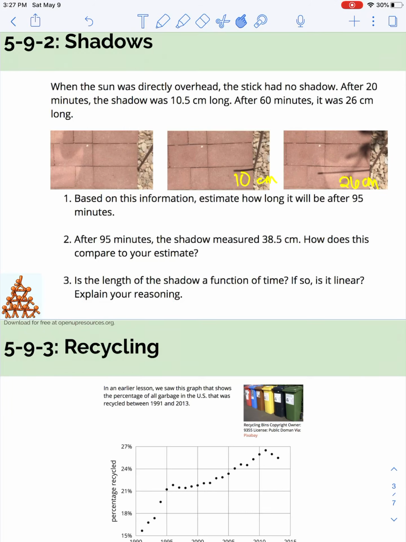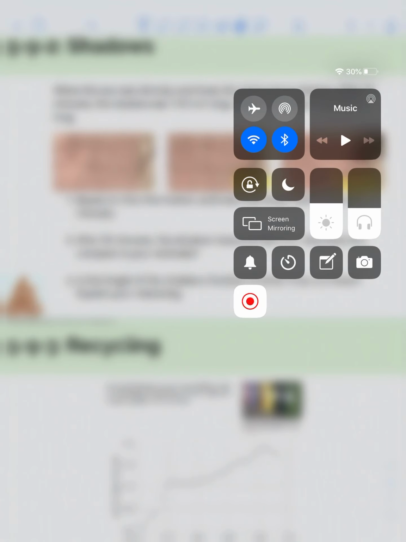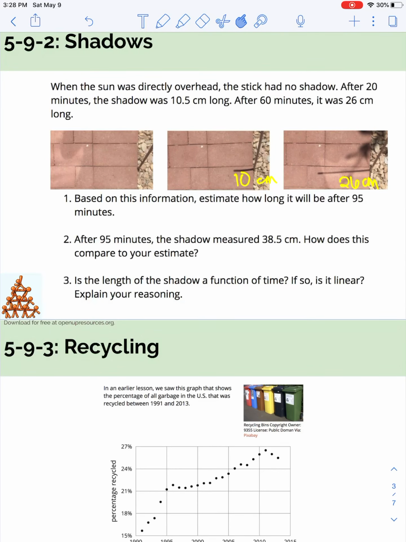So we can kind of use the information that's there to help us come up with a rate, like what we did with the candle. So if after 20 minutes it's 10.5 centimeters and after 60 minutes it's 26, can I pull up a calculator? No, I can't. That's annoying. Okay, I'll do it over on my computer.